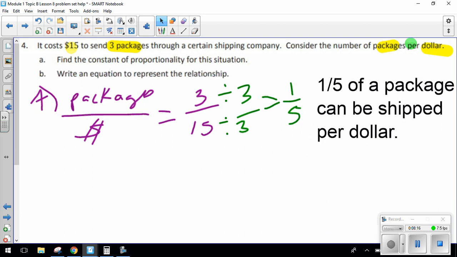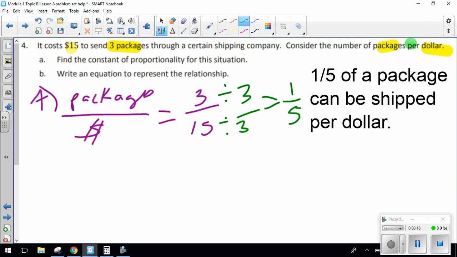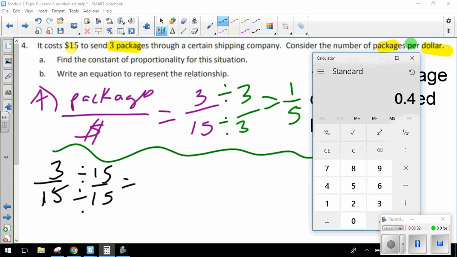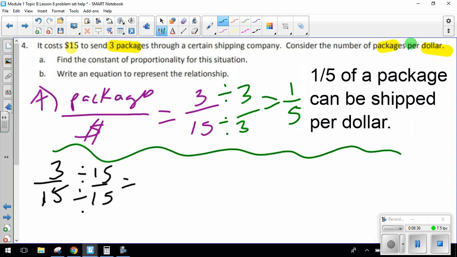So that's one way. Now let me show you a second way like I did before. So we have 3 over 15. So what students will do, since we're finding unit rate, is divide by 15. So if you put in your calculator 3 divided by 15, we get 0.2 over 1.